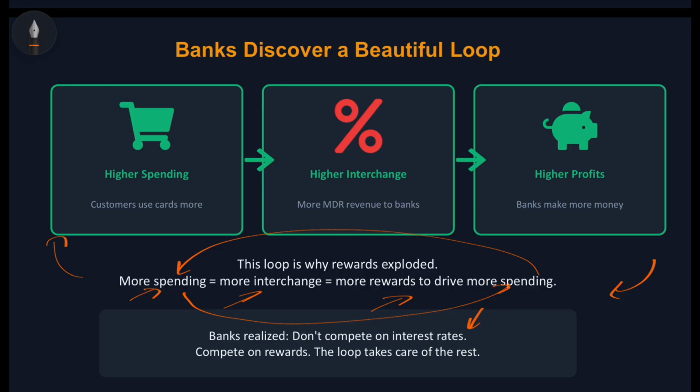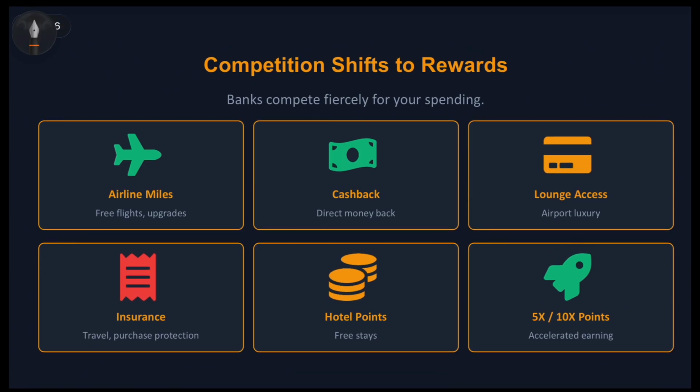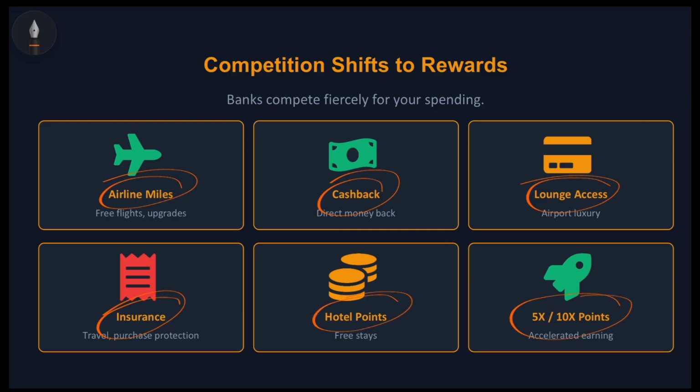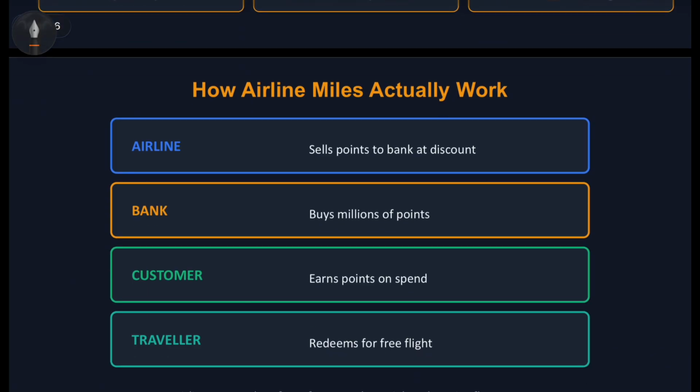It is actually a psychology that has been coming into the picture, right? So the competition has eventually shifted to rewards, right? You're getting airline miles, cashbacks, lounge access, insurance, hotel points, 5x to 10x points, accelerated earnings, right?